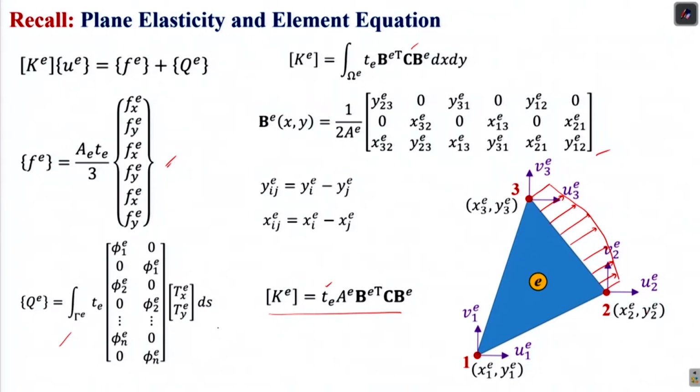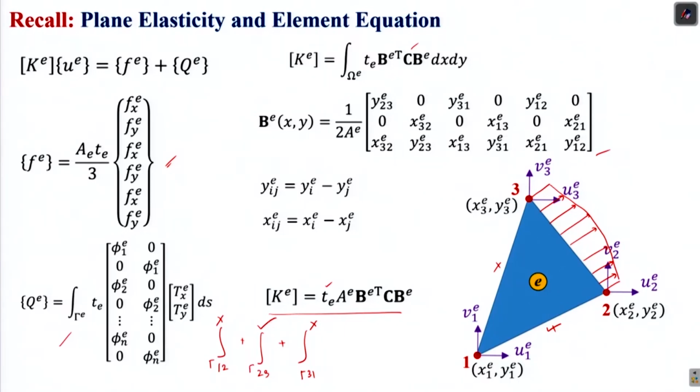So if we write the integration over boundary gamma 1 2, plus integration over gamma 2 3, plus integration over gamma 3 1, we do not have to perform this integration for boundary 1 2 and for boundary 1 3. Only on this boundary the integration needs to be performed.